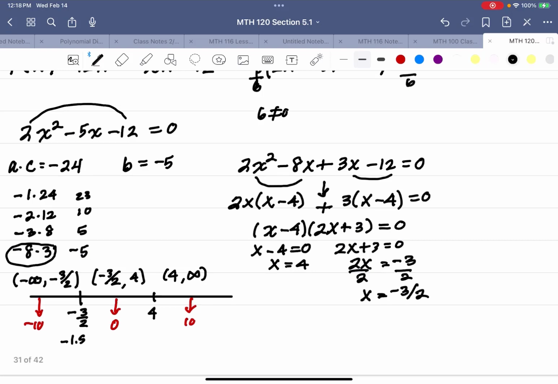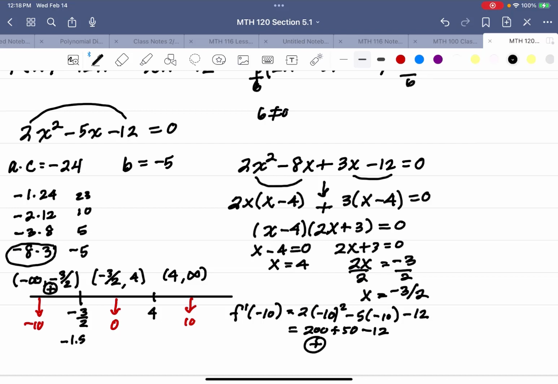So I need to find f prime of negative 10. So that's going to be 2 times negative 10 squared minus 5 times negative 10 minus 12, which is 2 times 100 is 200, plus 50, minus 12. And again, the exact value is moot.